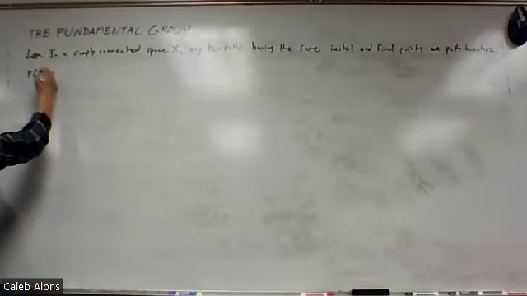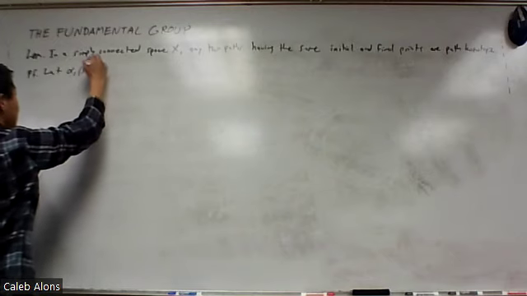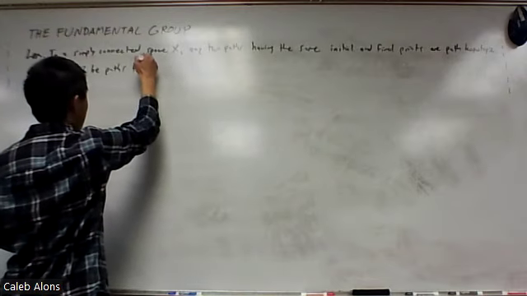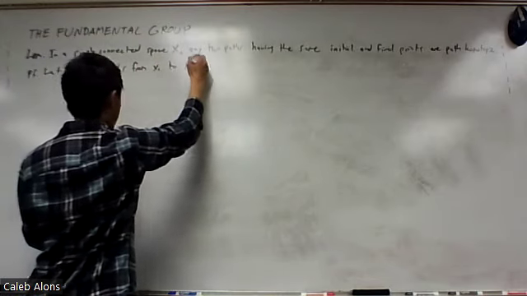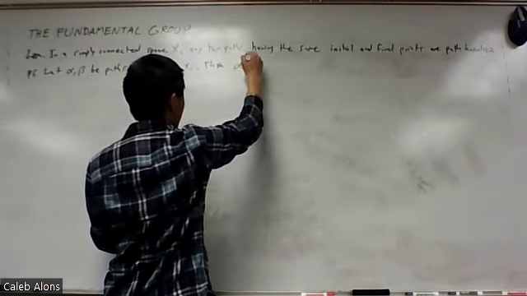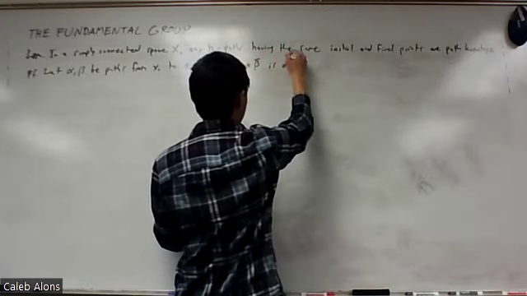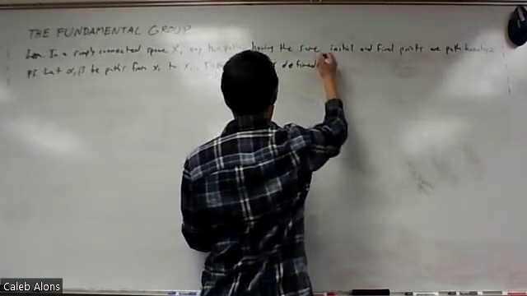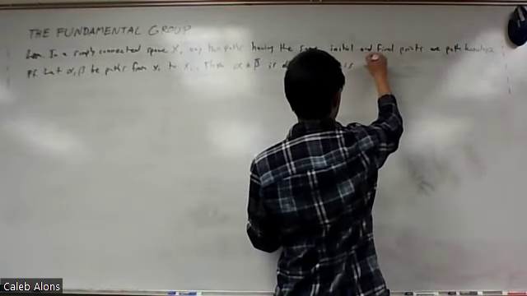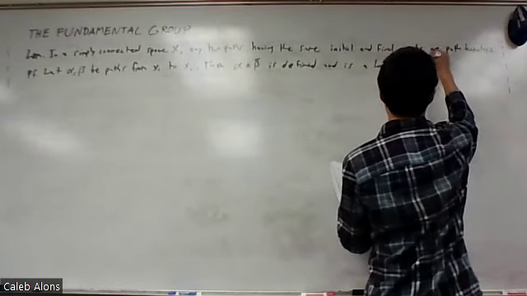So it's pretty straightforward. If I'm going to have alpha and beta be paths from x naught to x1, then the product of alpha with the reverse of beta is going to be defined, and is a loop on X based at x naught.